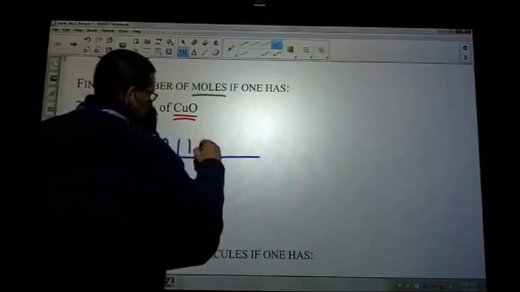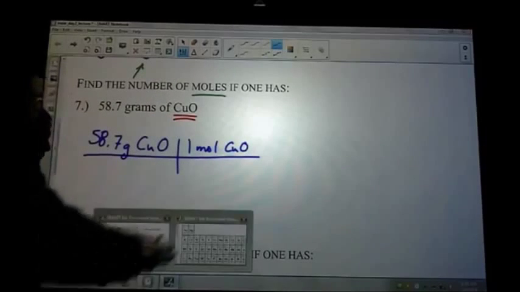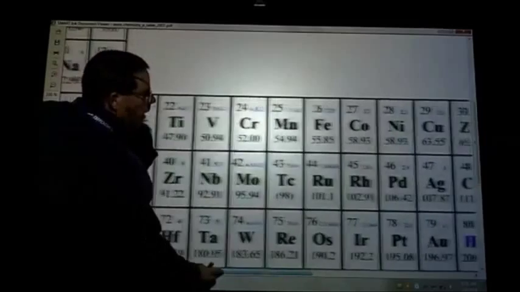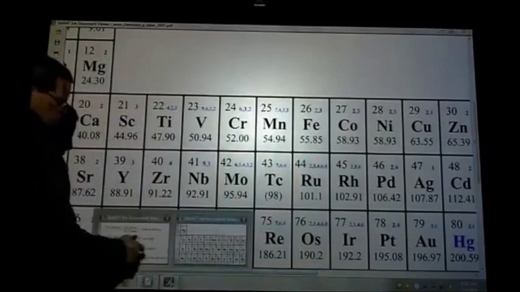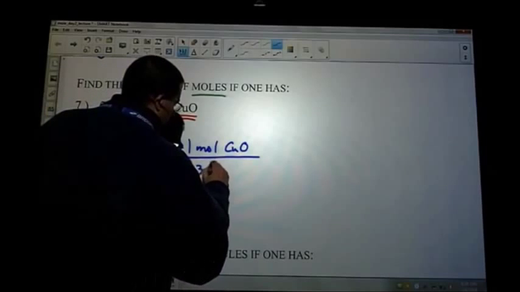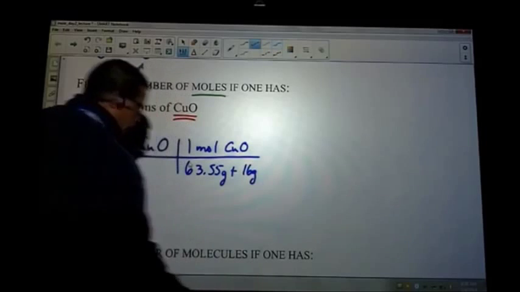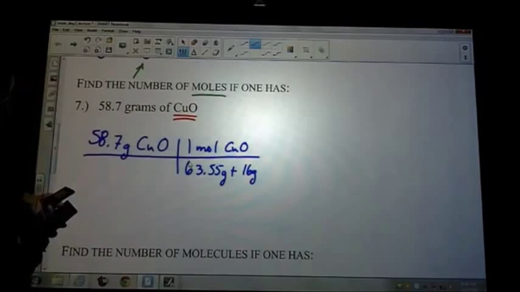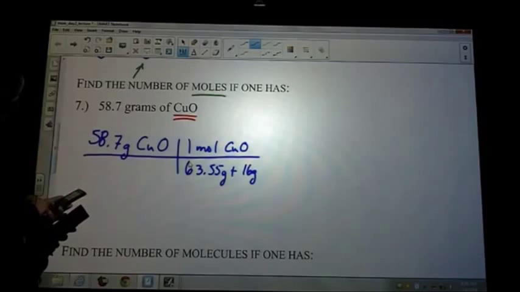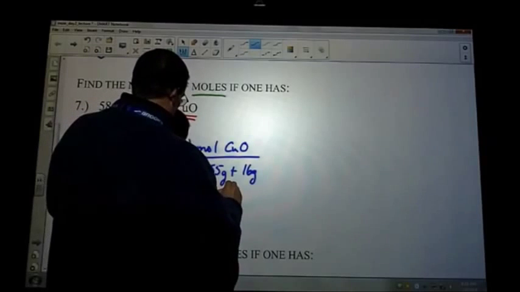And we're going to look for 1 mole, or what the molar mass for copper oxide is. Copper has a molar mass, yep, 63.55. Good. So 63.55, and oxygen 16. So my molar mass, and again, you don't have to do this.